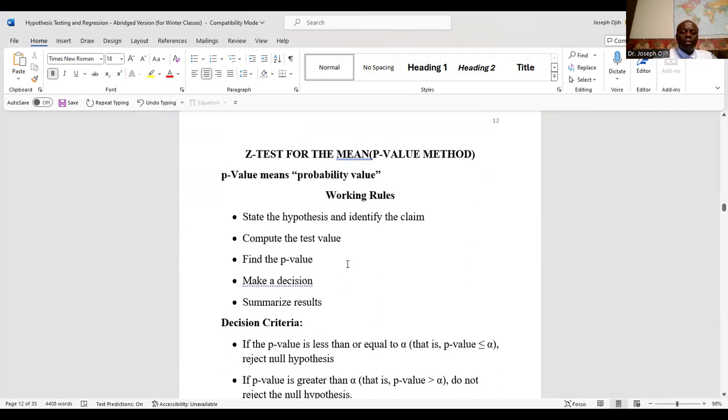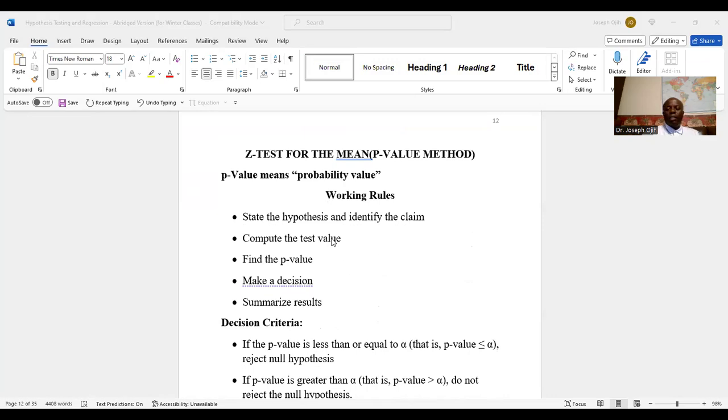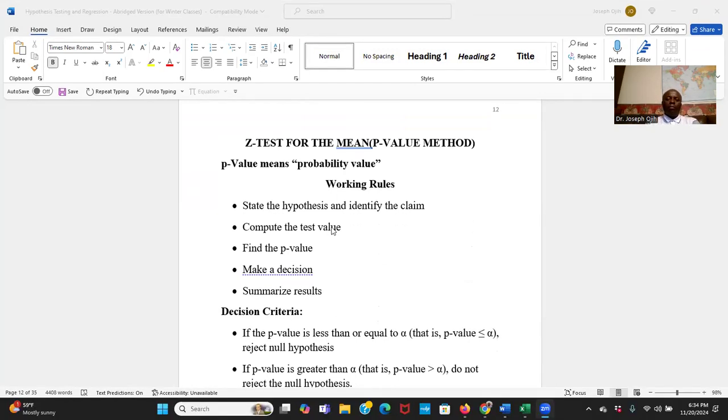Don't forget that the p-value means the probability value. So we can use that value to test hypothesis. The process is still the same, except that this time we are not using the critical value. We are using the p-value.